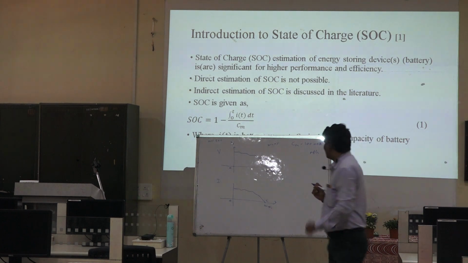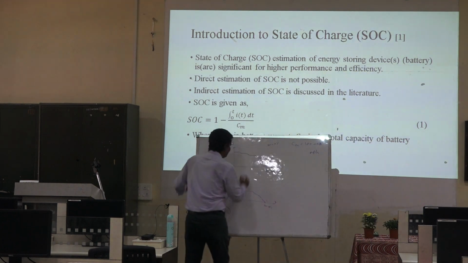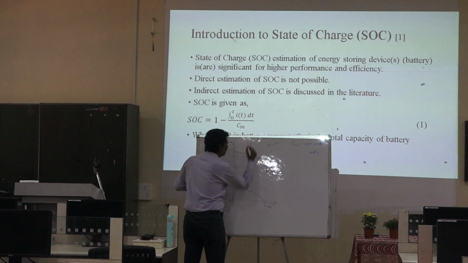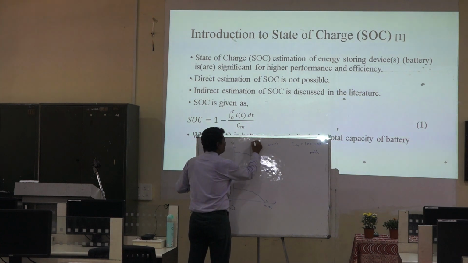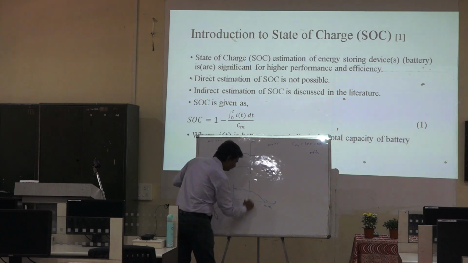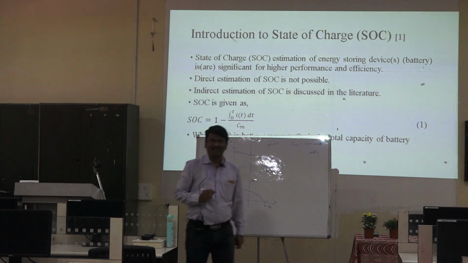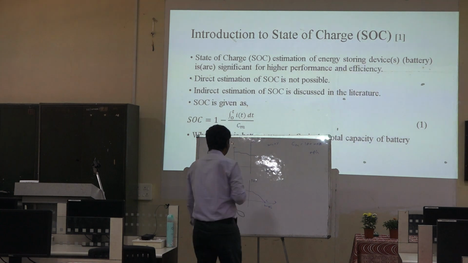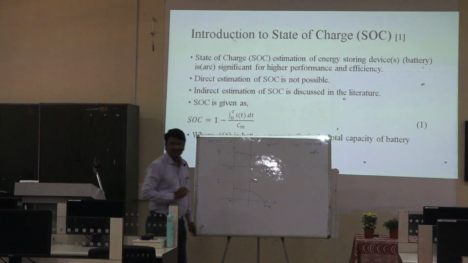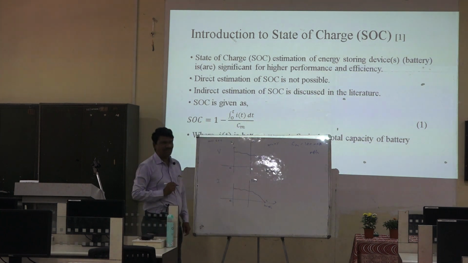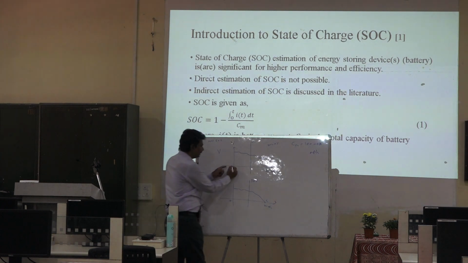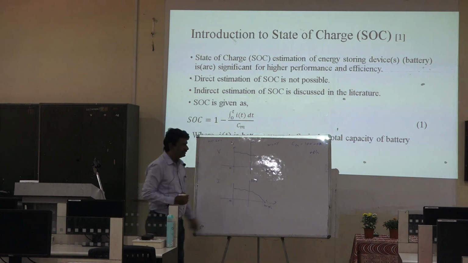Now, I am indicating the line where we are using 50% of energy. Correct? The problem is that you can see here why it is much more difficult. You see this line OC and this is the 50%.